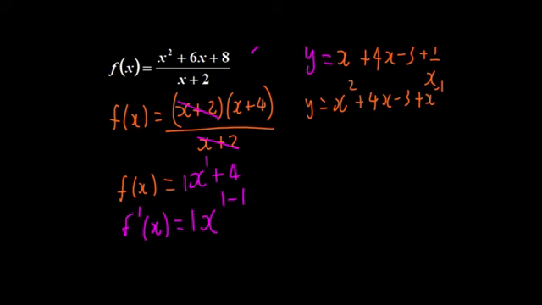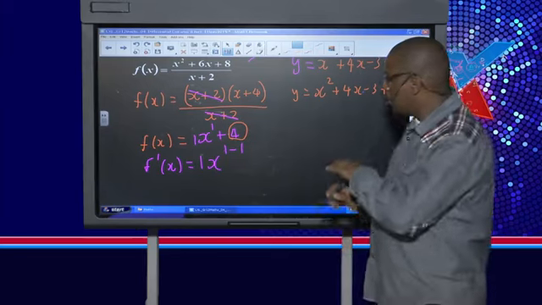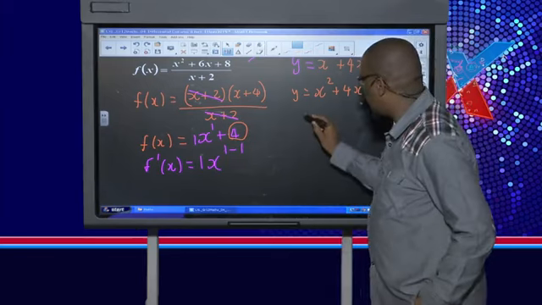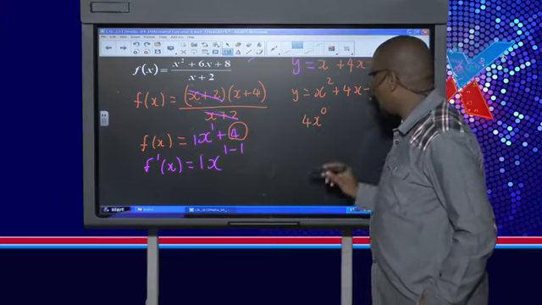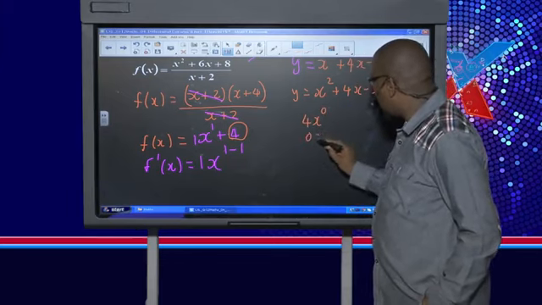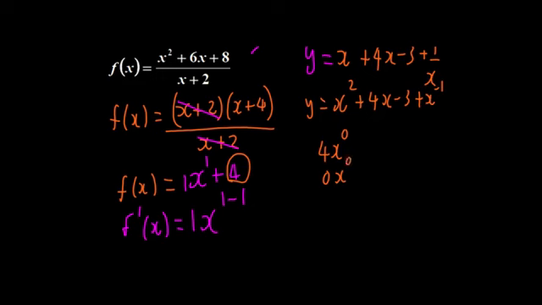Now, if we look at this 4, that's your constant. But your constant, your derivative will be 0. But how did we get that 0? This is 4x to the exponent naught. You take your exponent times the coefficient, which is naught, x to the exponent 0 minus 1. So you've got 0 times x to the exponent minus 1, which gives us 0.